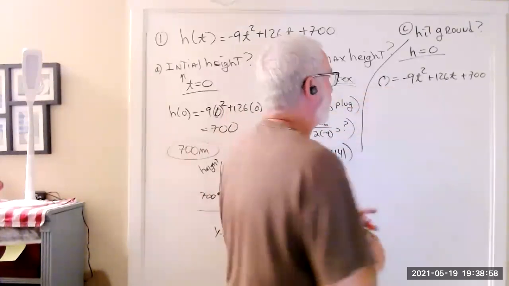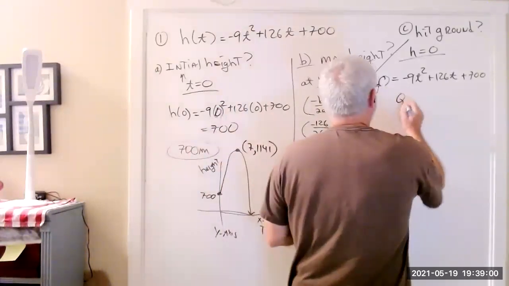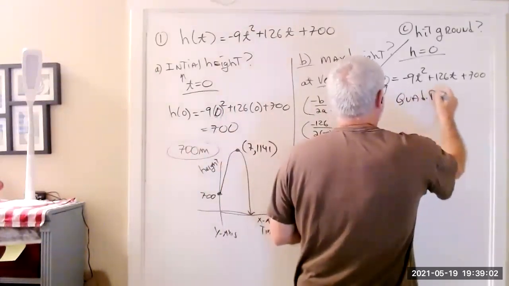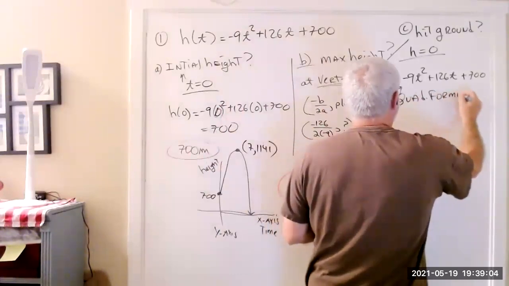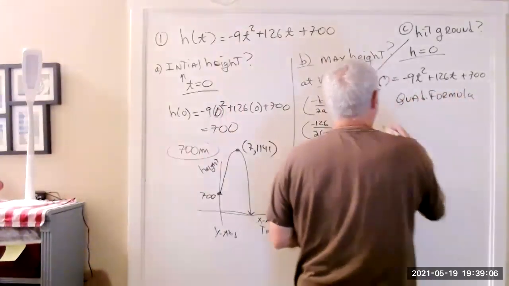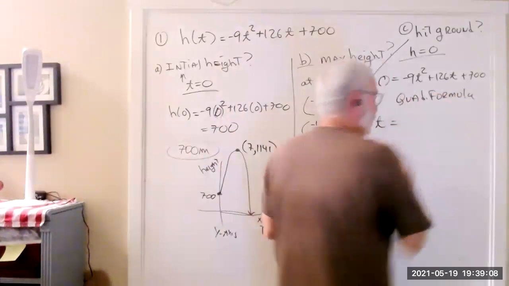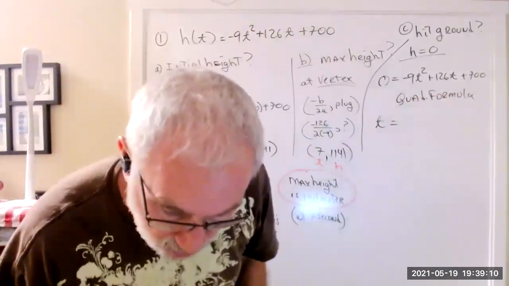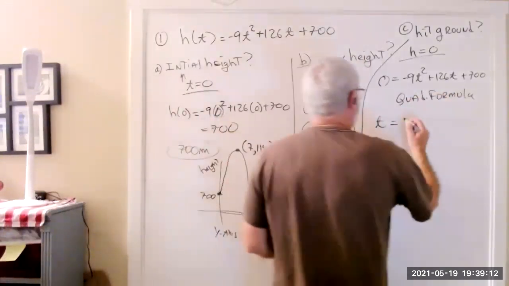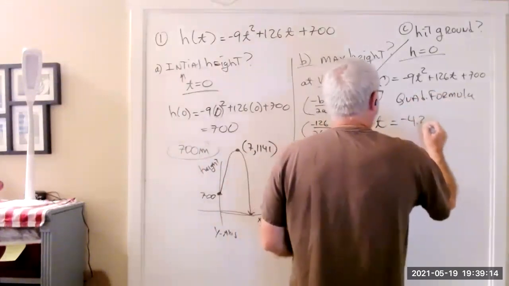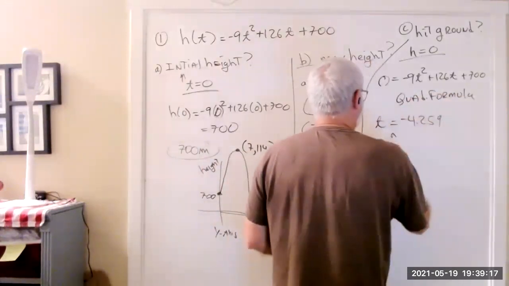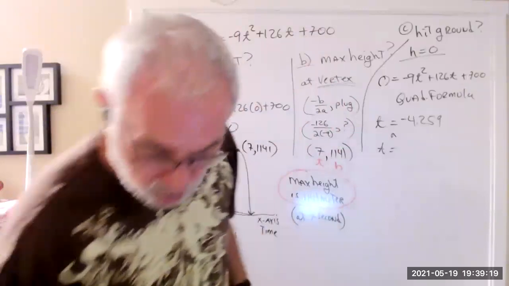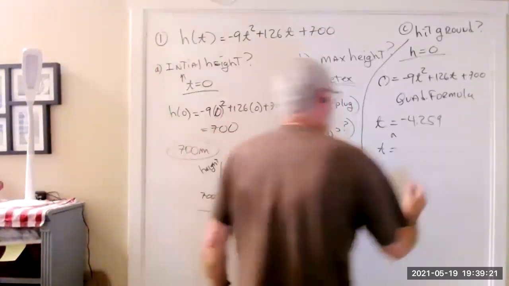But you plug this into the quad formula, which I'm not going to do right now. You can double check that. And I believe you get either t is -4.259, or you get t is, what did I get, 18.259.